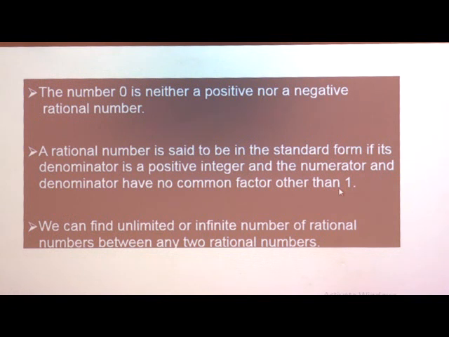What does it mean? If the rational numbers are given as 3 upon 5 and 4 upon 2, in the denominator there is 5 and 2. Is there a common factor? No. Then the common factor is 1.